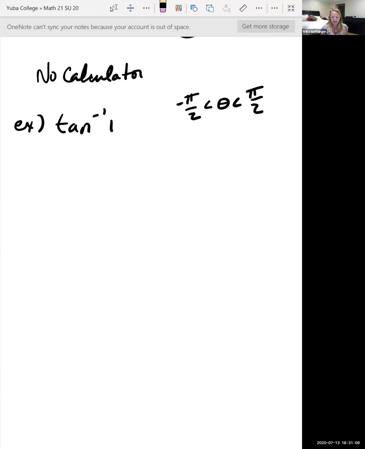I know that tangent is the same thing as sine over cosine. I know sine and cosine are the same values at 45 degrees, but this didn't say radians or degrees. The answer is in radians. So 45 degrees is the same thing as pi fourths.